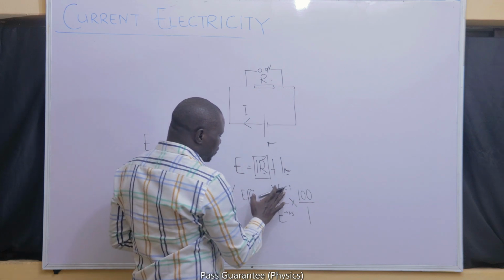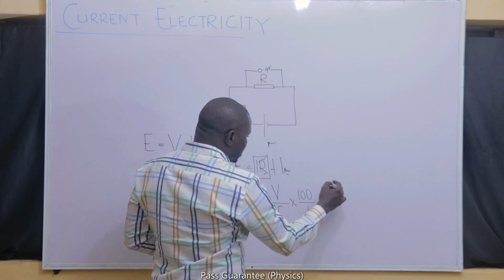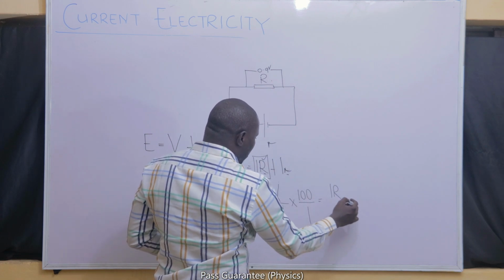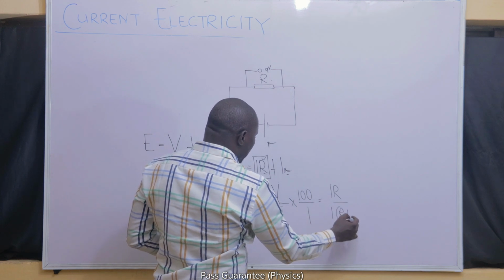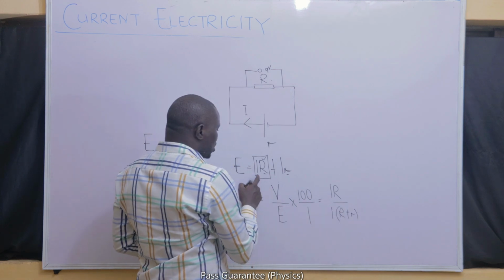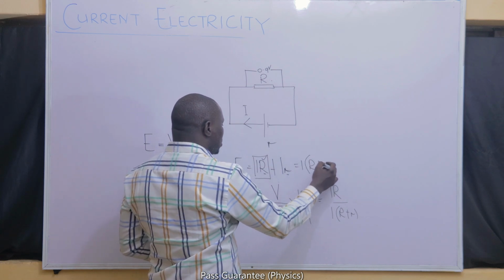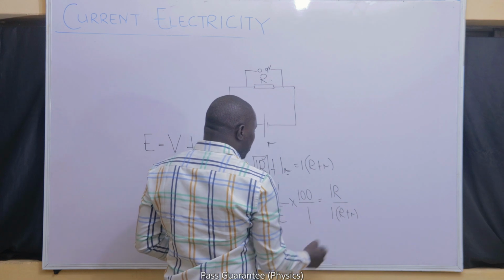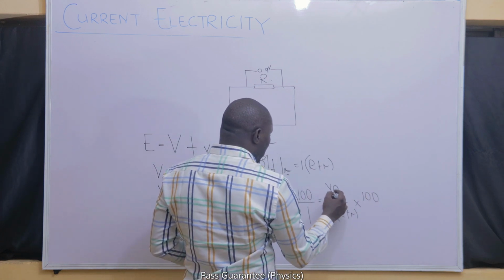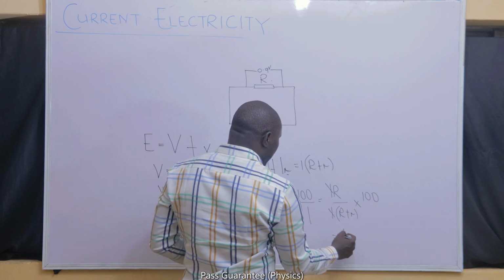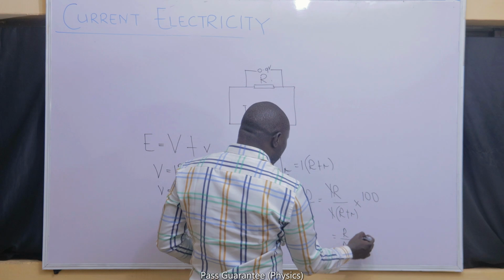And I can simplify further: my V here is I big R, and my E here is I open bracket R plus r. I got that from this expression. If we factorize I out, we have IR over I times R plus r, multiplied by 100 over 1. Upon simplification, I can cancel out I, so we have R all over R plus r multiplied by 100 over 1.